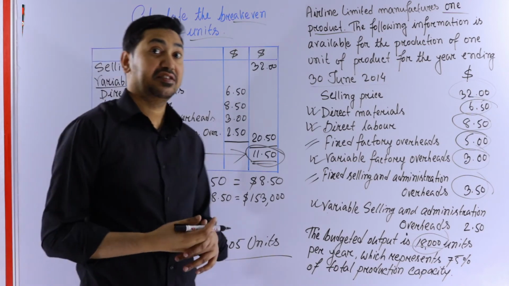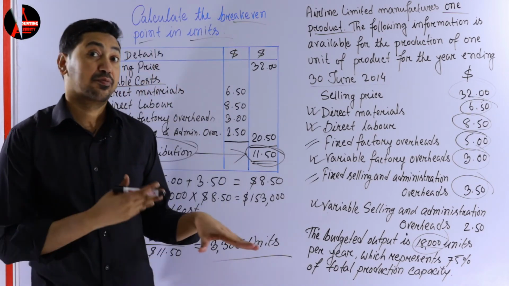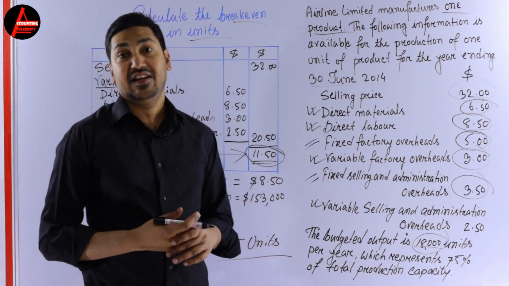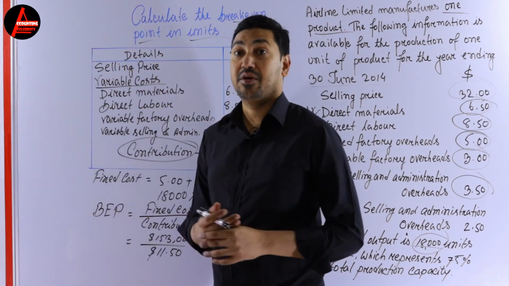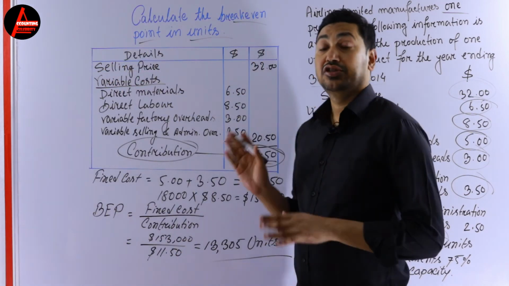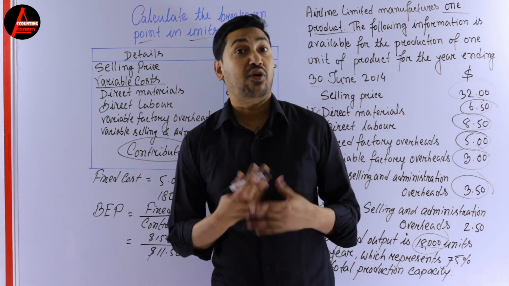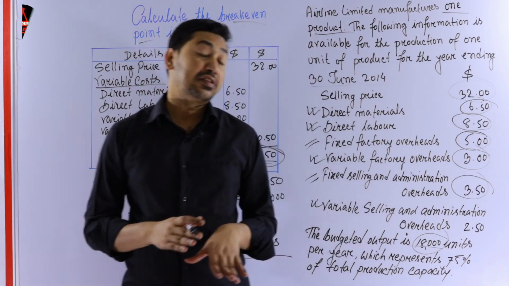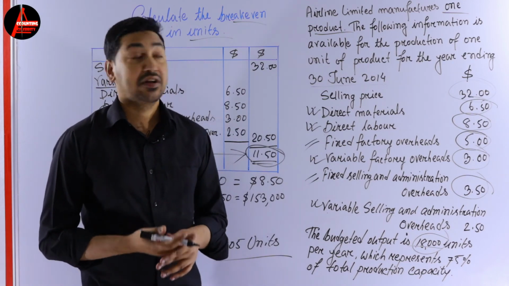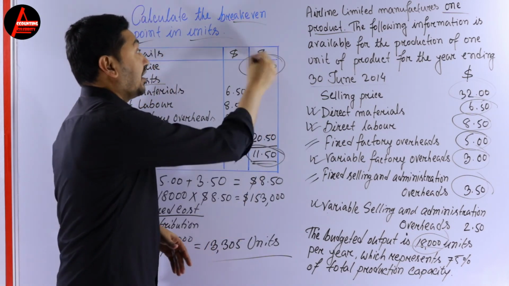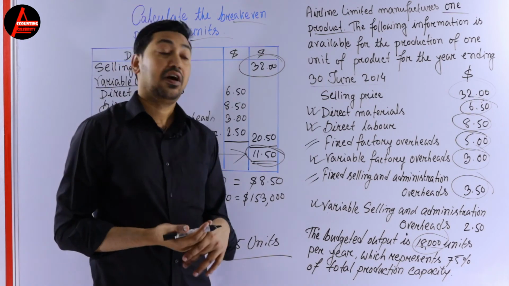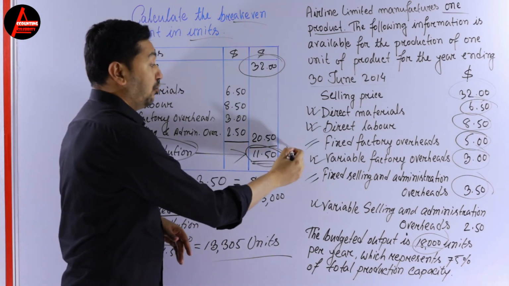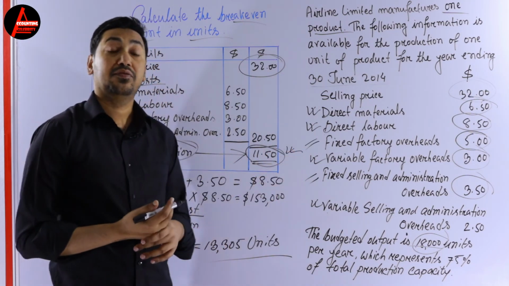So this is very easy, but you need to know the process to calculate this break-even point in units. So let us review once again what we did. First of all, we calculated our variable cost. Then we subtracted this variable cost from the selling price to calculate our contribution, which is here $11.50.